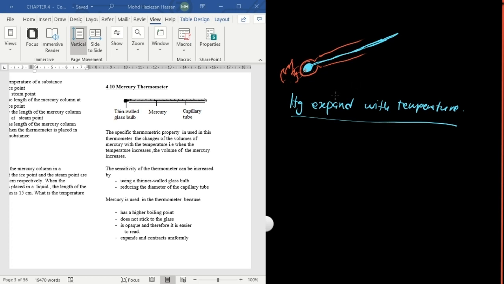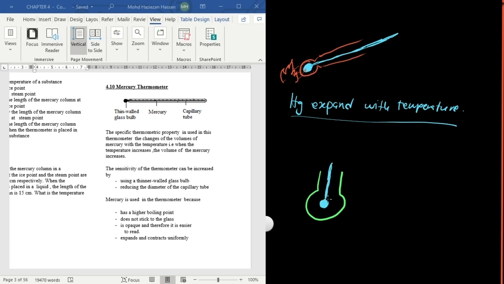The sensitivity of the thermometer can be increased by first using a thinner wall glass bulb. Why do we say that using a thinner glass wall bulb can increase the sensitivity? Just imagine you have a thermometer. For the first one, we use a very thick bulb. That means the mercury can only occupy this space.